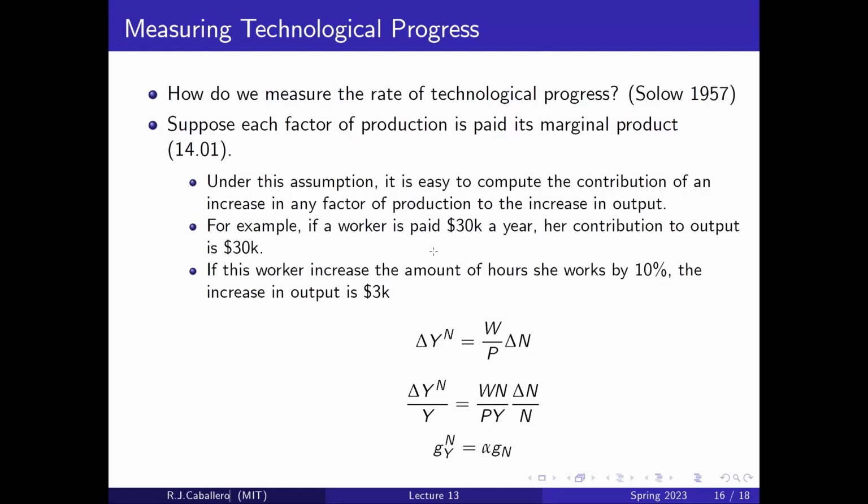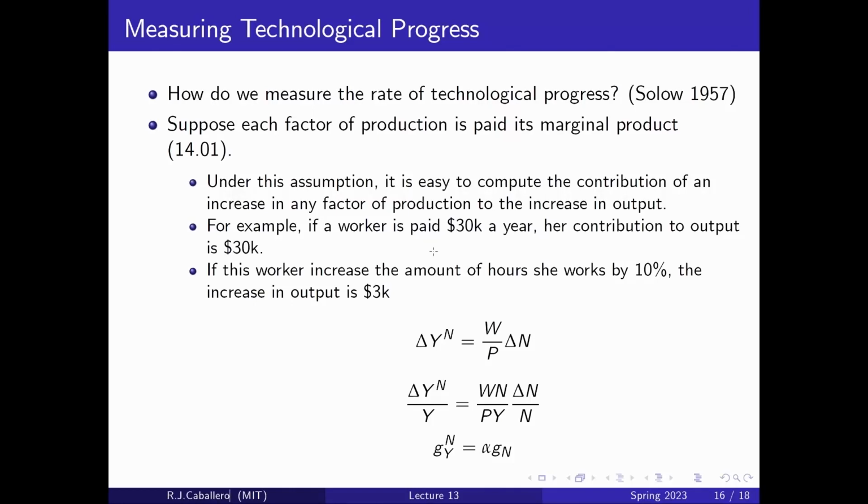The contribution to output of adding workers is going to be that times delta N. I can divide by Y both sides, and here multiply and divide by N, and I get that the rate of growth in output due to a rate of growth in employment is equal to the labor share.